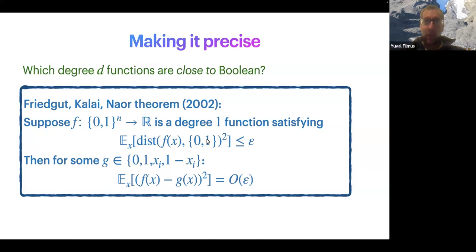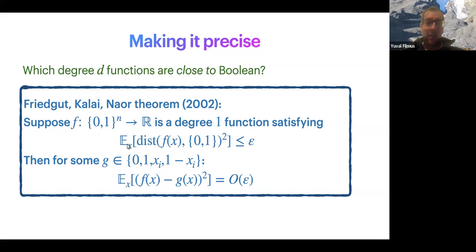In this area, we always look at L2 measures. Then this square distance to {0,1} is on average small, at most epsilon. One way to obtain such a function is to start with a Boolean degree 1 function and to just switch around a few of the values, add a bit of noise. And what the theorem says is that this is really the only way of obtaining such a function.